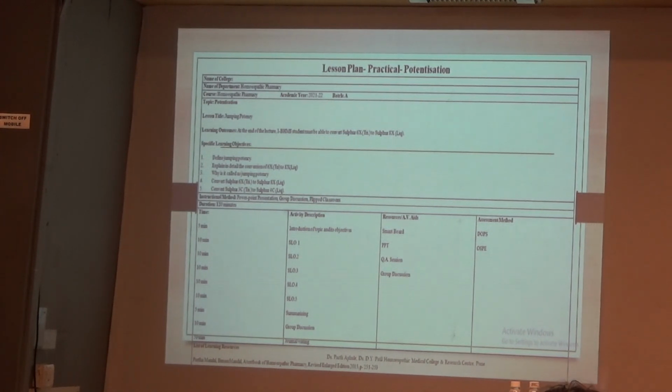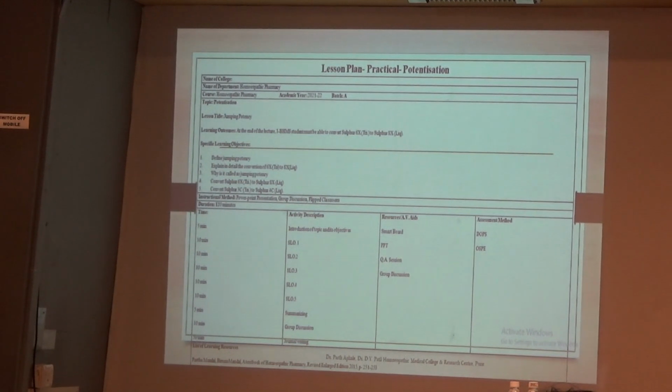The columns remain the same. You have the learning outcomes, you have the SLOs defined in the lesson plan, you have the activity description, you have the resources, you have the assessment method, the teaching learning methods. Lastly, you have to give the resources. So this is how the CBDC template of potentization can now be practically implemented in your lecture or in your practical.